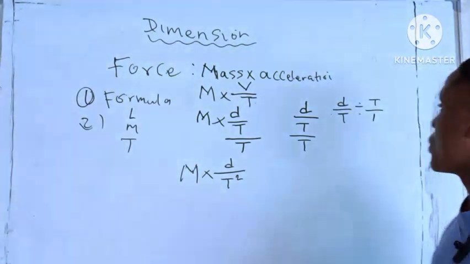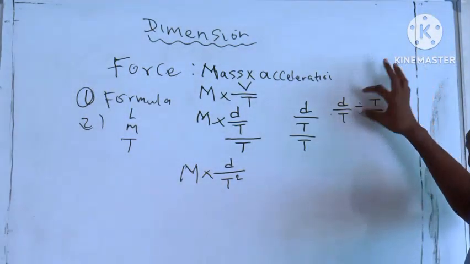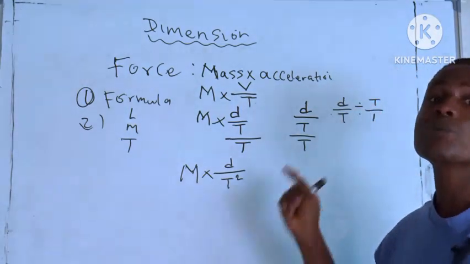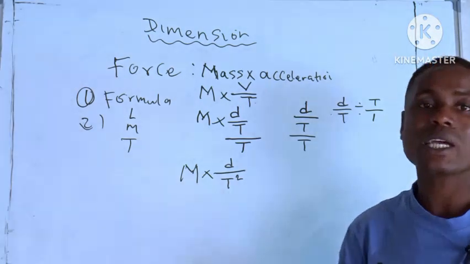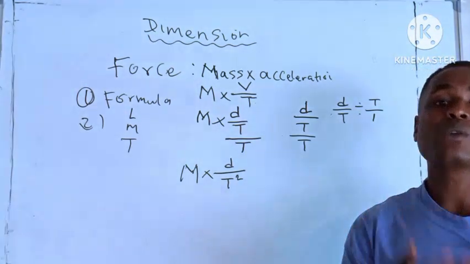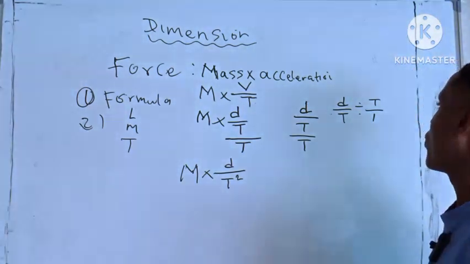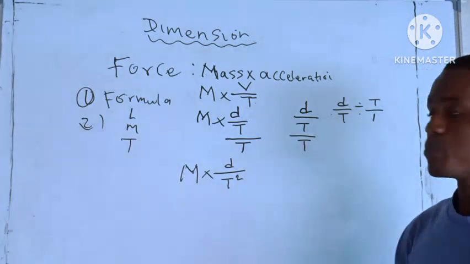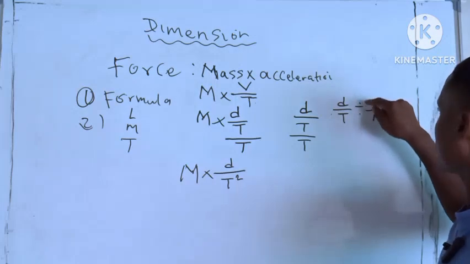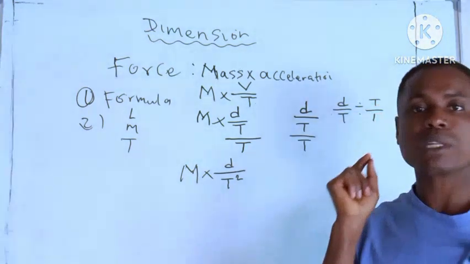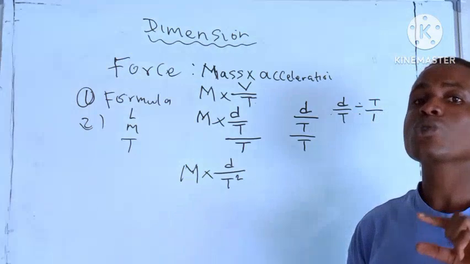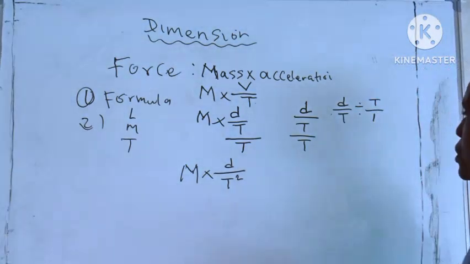It will not be in this form, because if we keep solving in this form, the solving will not make sense. So for us to continue with the solving, we have to change this division sign to what? Multiplication.